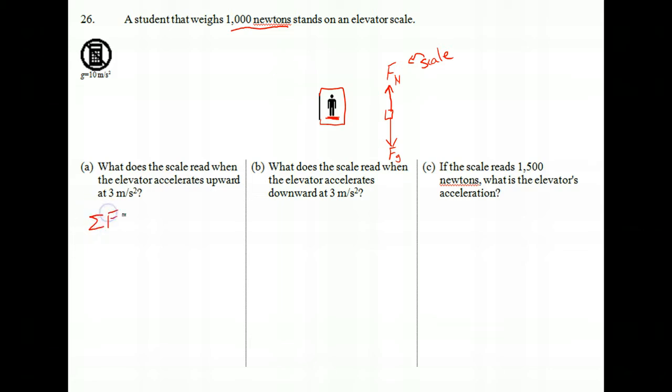So let's do our equation. Sum of all the forces is equal to the mass times the acceleration on the object. So you've got two forces, and if it's accelerating upwards, let's make the normal force positive and the force of gravity negative.